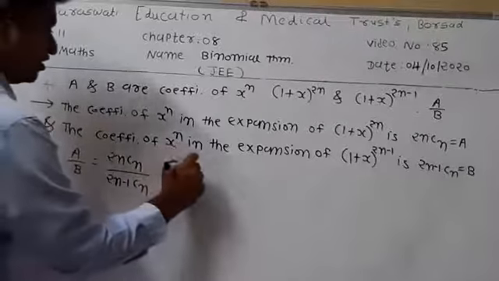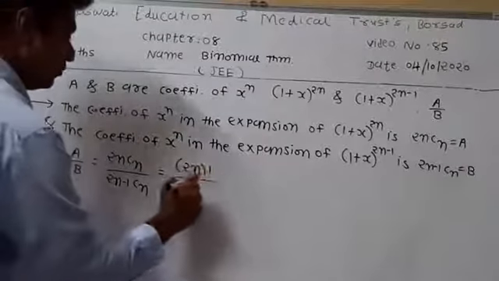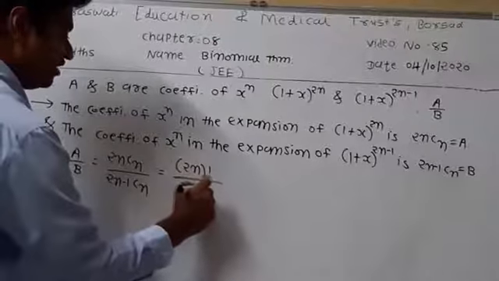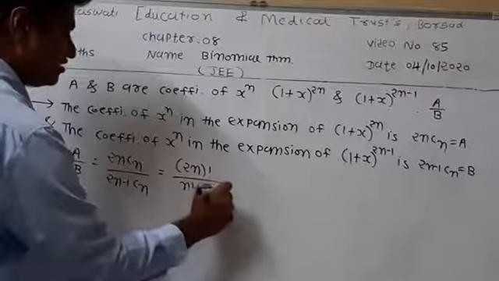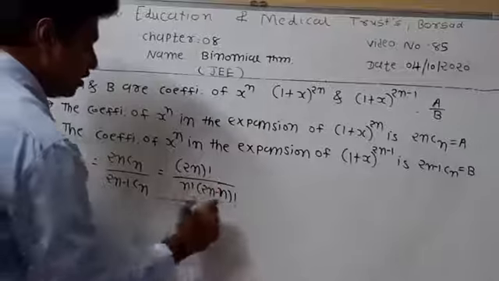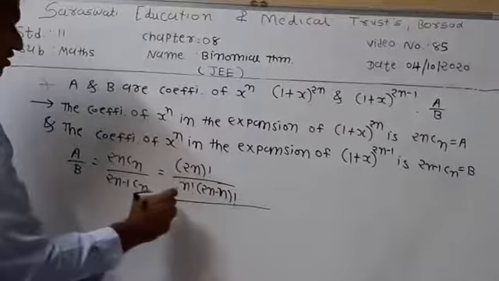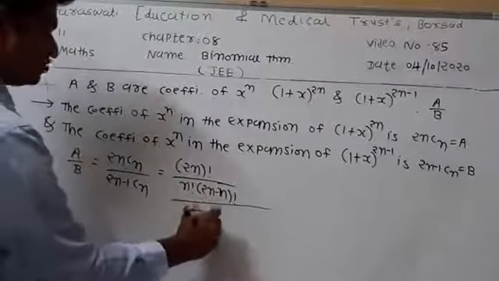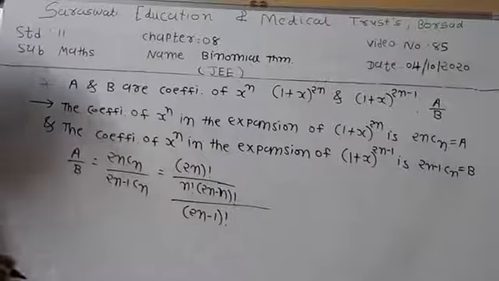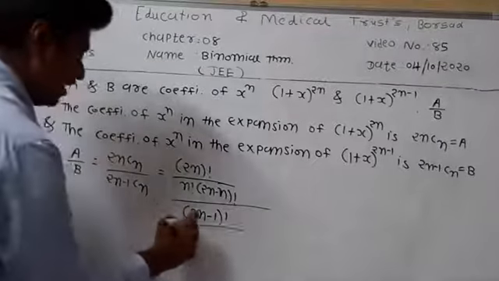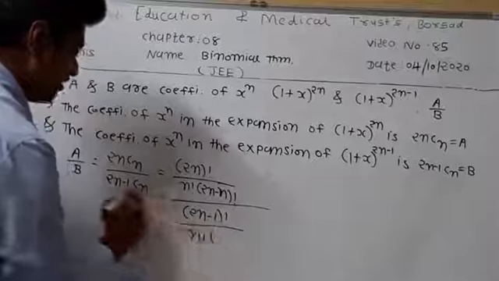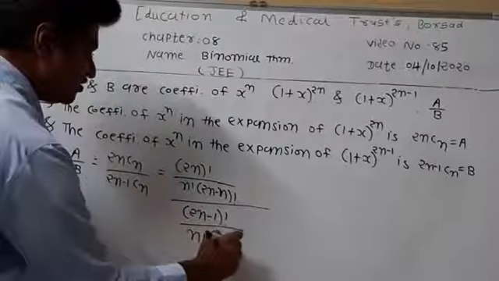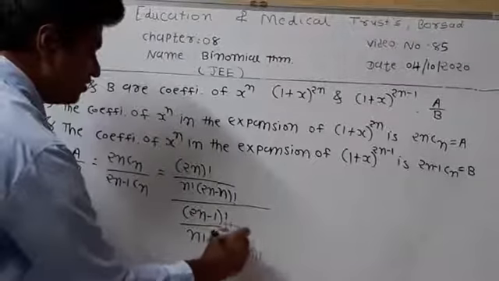So write 2n factorial upon n factorial into (2n minus n) factorial, upon, in the denominator, (2n minus 1) factorial upon n factorial into (2n minus 1 minus n) factorial.